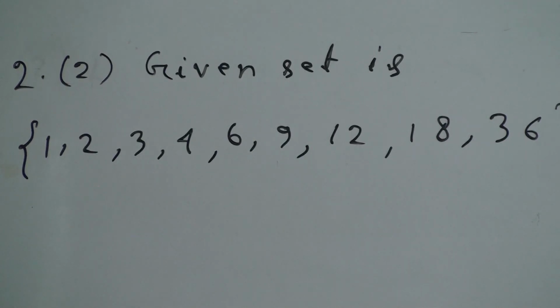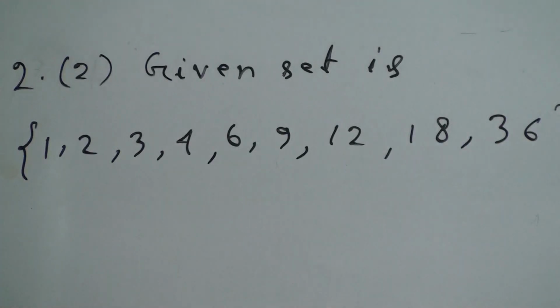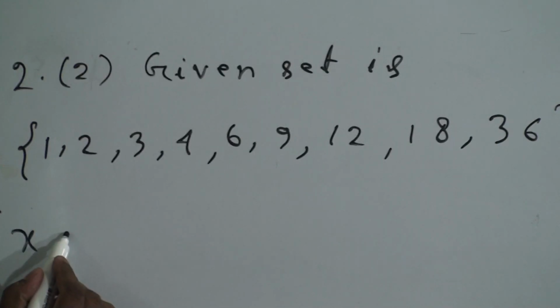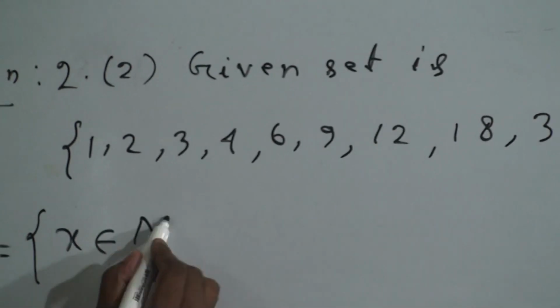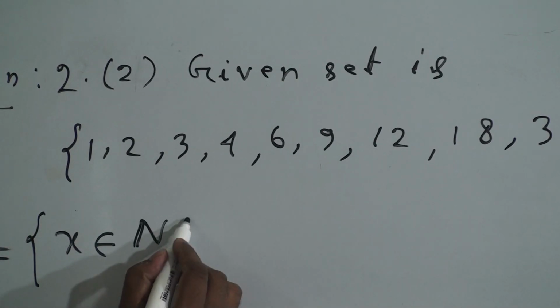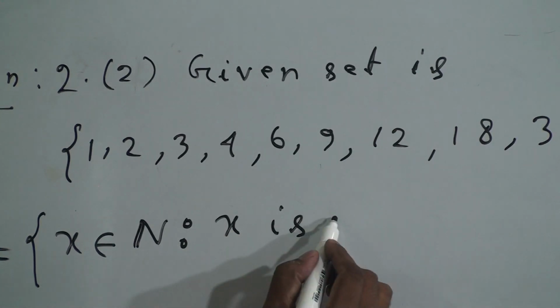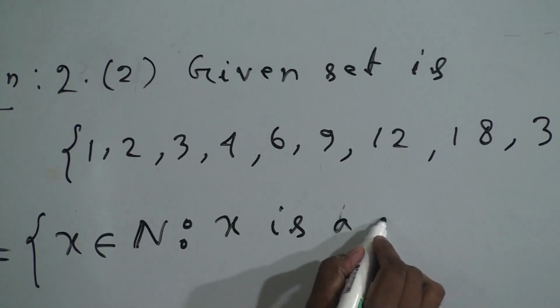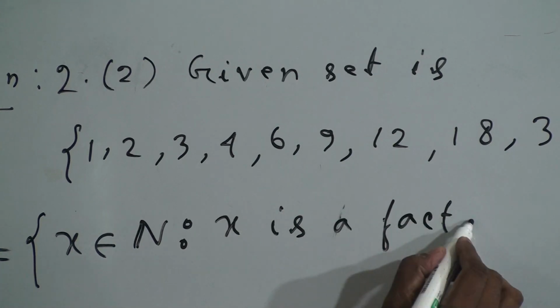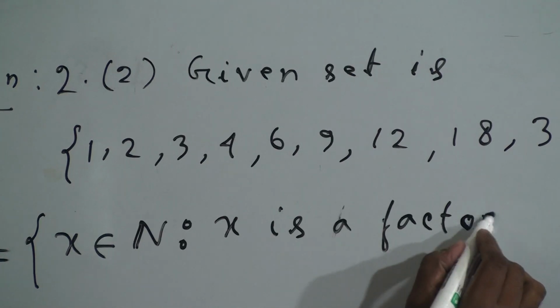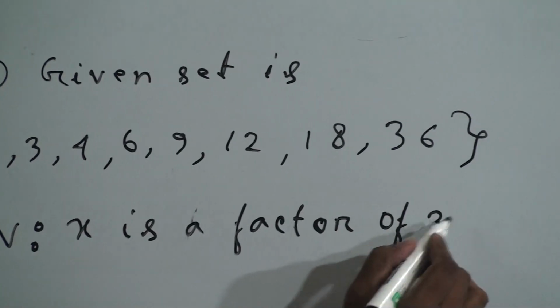So if we convert this set into set builder method, then it will be x belongs to N such that x is a factor of 36.